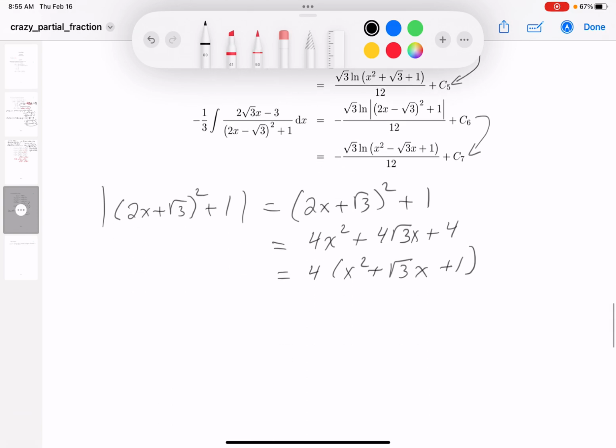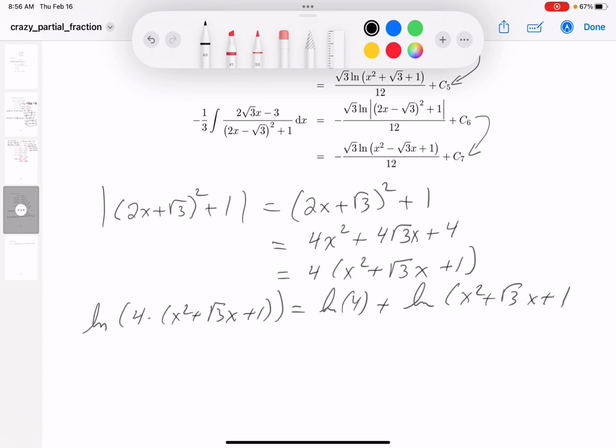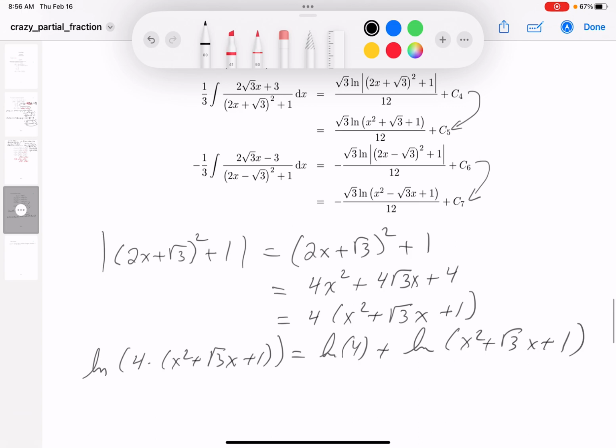And what do we do with that? Take the natural log of that, all right? The natural log of that, I'll write that down for you, is going to be 4 times x squared plus root 3 x plus 1, and that's going to be the natural log of 4 plus the natural log of x squared plus root 3 x plus 1. All right? Now, someone says, is it really necessary to do that? It does make it a little bit cleaner for me.